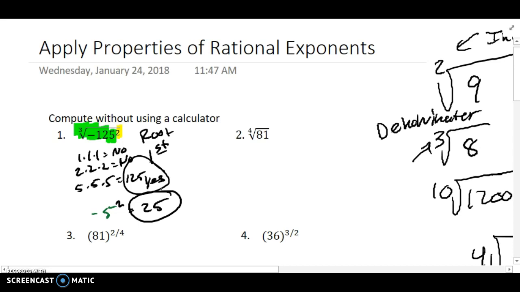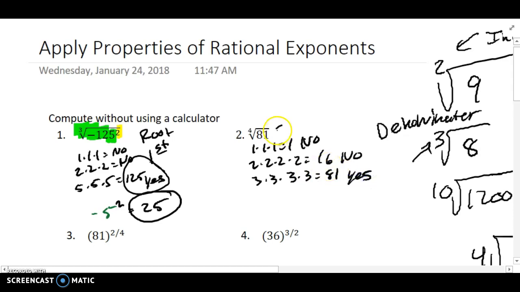4th root of 81, again, if you don't know: 1 times 1 times 1 is 1, so no. 2 times 2 times 2 times 2 is 16, so no. 3 times 3 is 9, times 3 is 27, times 3 is 81, so yes. So this is just going to equal 3.